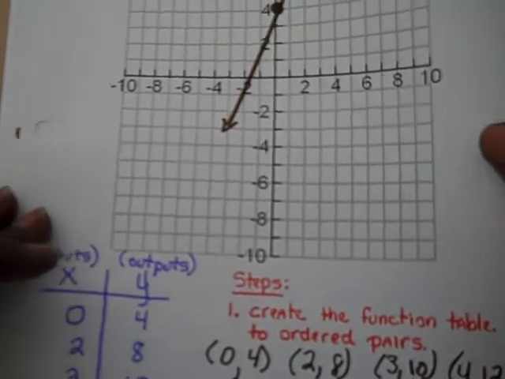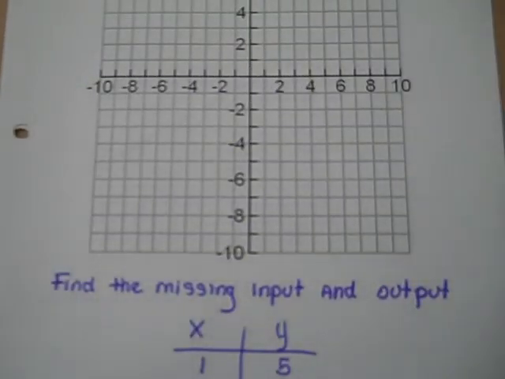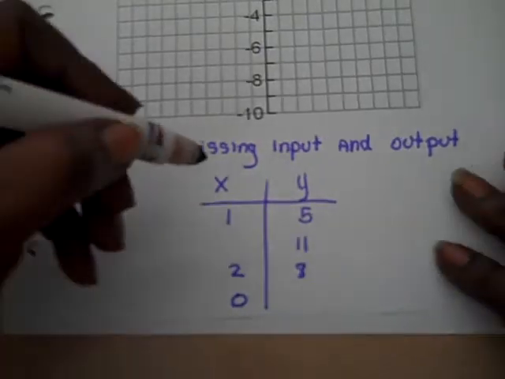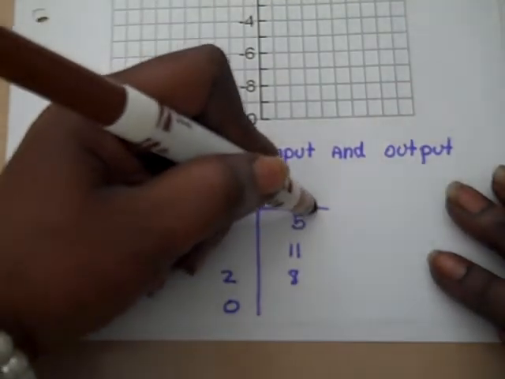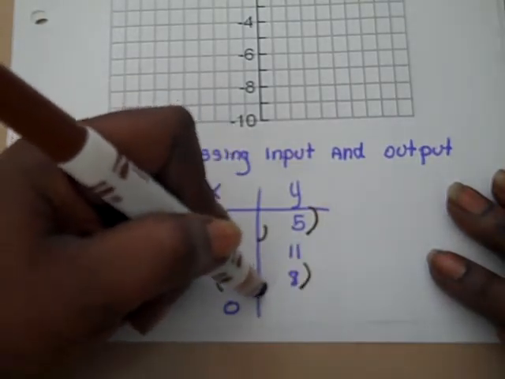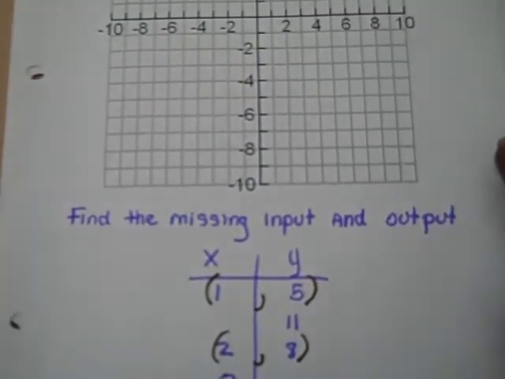The next example is when you are given a function table with missing inputs and outputs. You can use a graph to find those missing inputs and outputs by simply creating the ordered pairs in the function table, the ordered pairs that were provided to us, and graphing those.